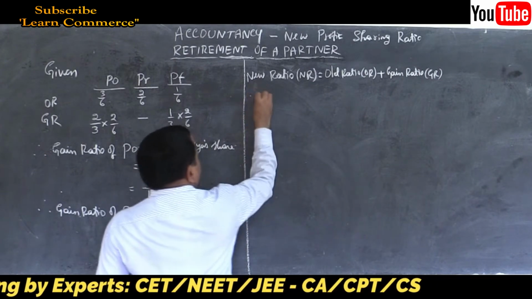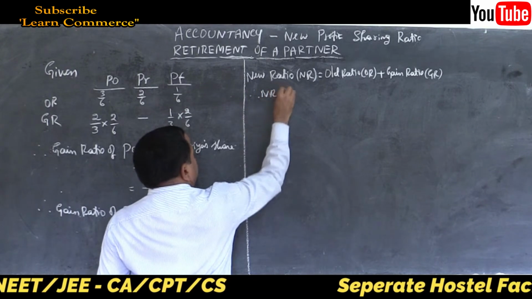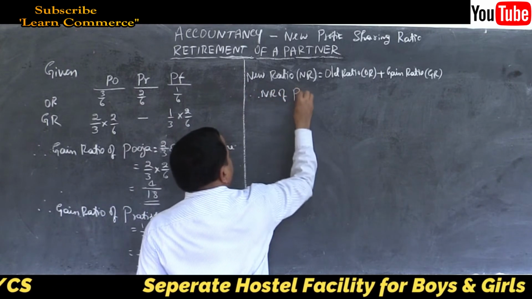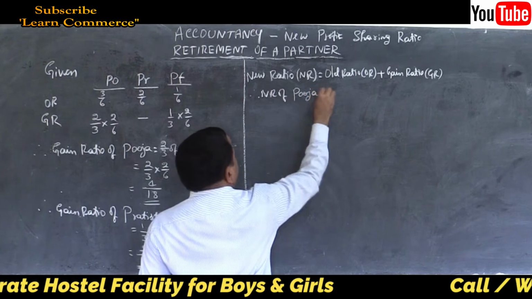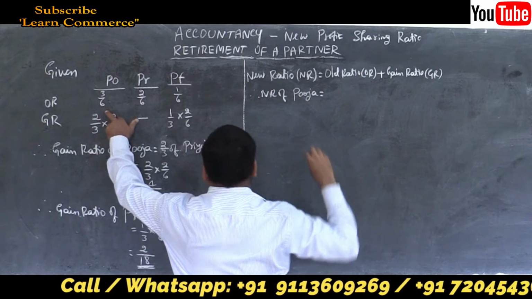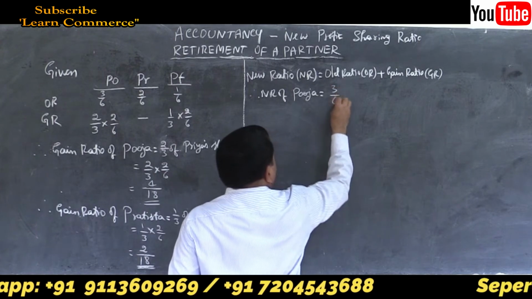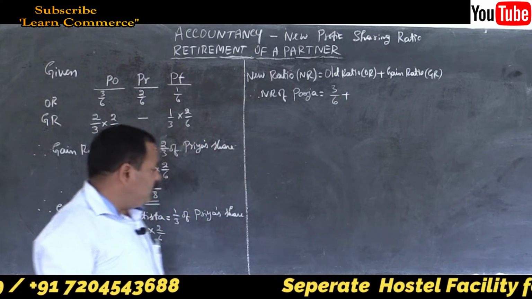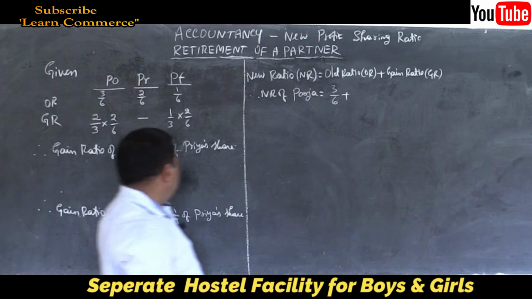Therefore, NR of Pooja is equal to old ratio of Pooja was 3/6 plus gain ratio we have already found out, 4/18. Correct.